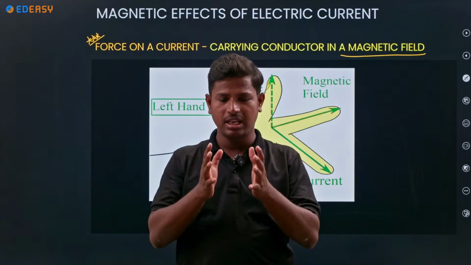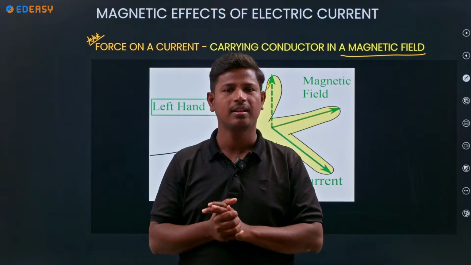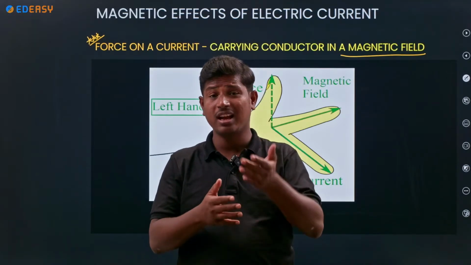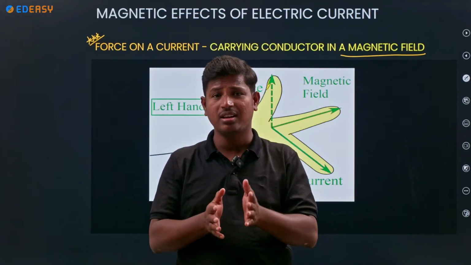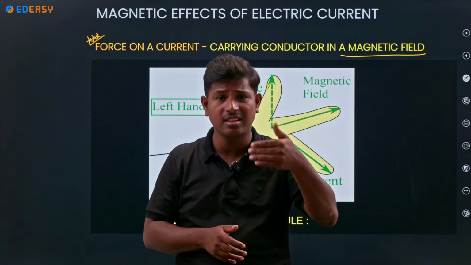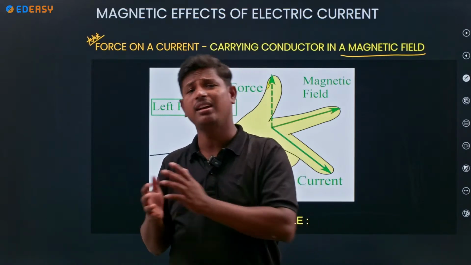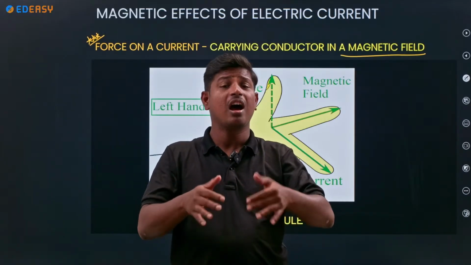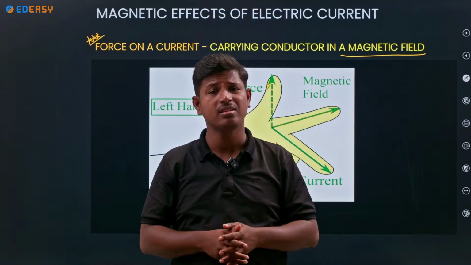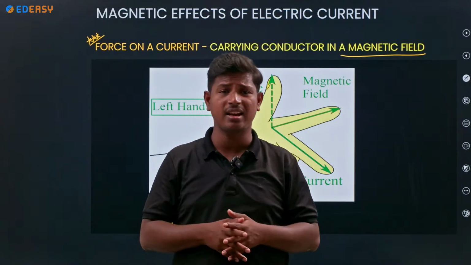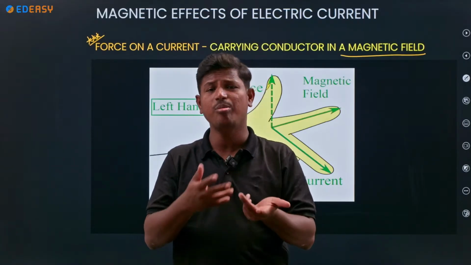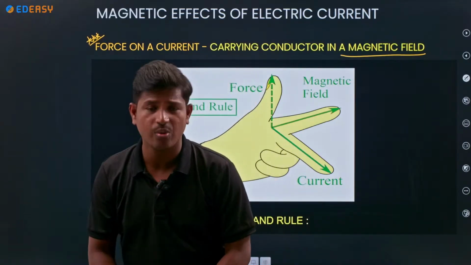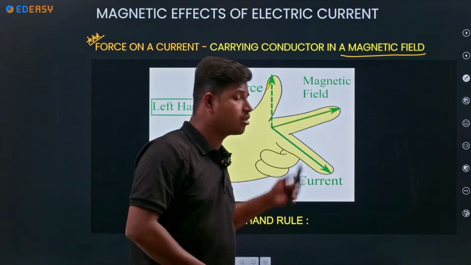So listen a little more carefully, because when electricity passes through a conductor there is an electric field and a magnetic field, and placing it in a magnetic field adds one more field. You may get confused, but don't worry, I will help you solve that.